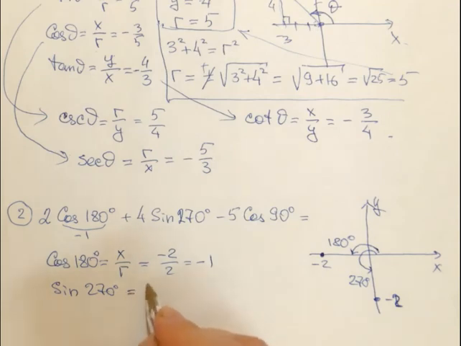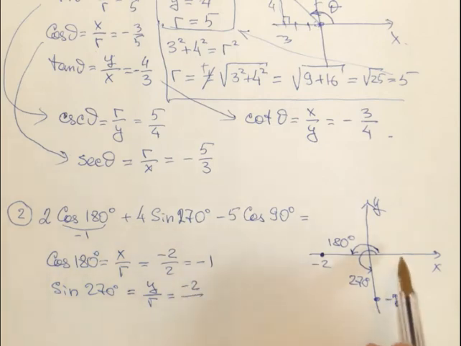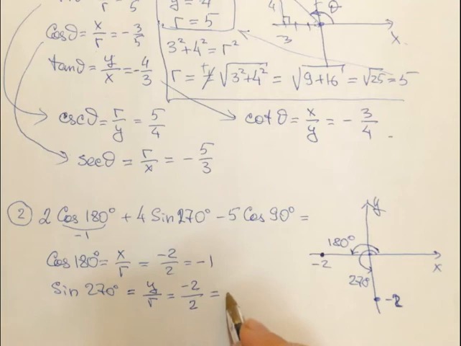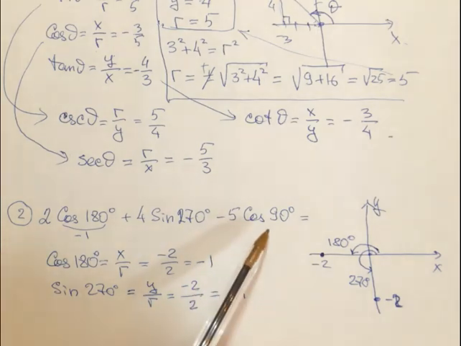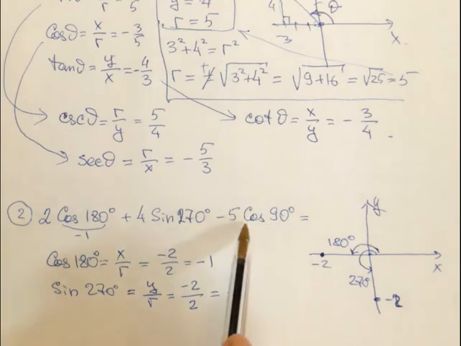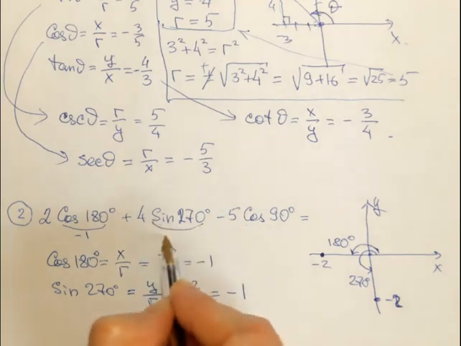So sine is, by definition, y over r. Y equals negative 2. R is the distance from the origin, and is always positive. The distance is 2. Negative 2 over 2 is negative 1.